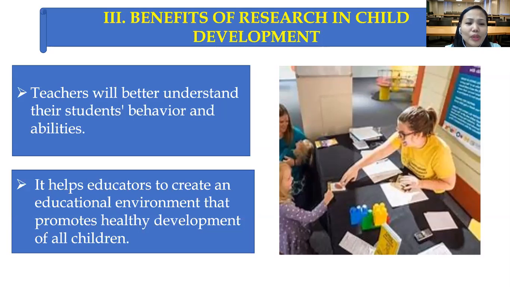For example, when a student has ADHD, researchers have found out that children with ADHD can easily become discouraged, especially when there is a lot of criticism of his or her work.